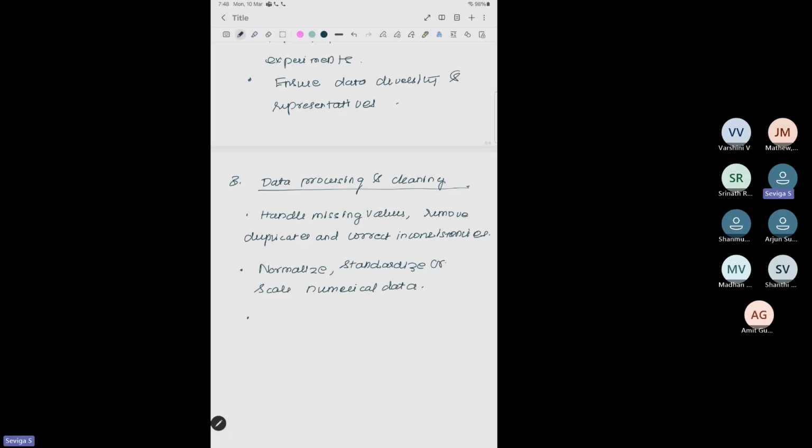If it is categorical data, you have to convert it into numerical format, if your machine learning model needs numerical format. One example for doing this is one-hot encoding, which we have seen in the class.